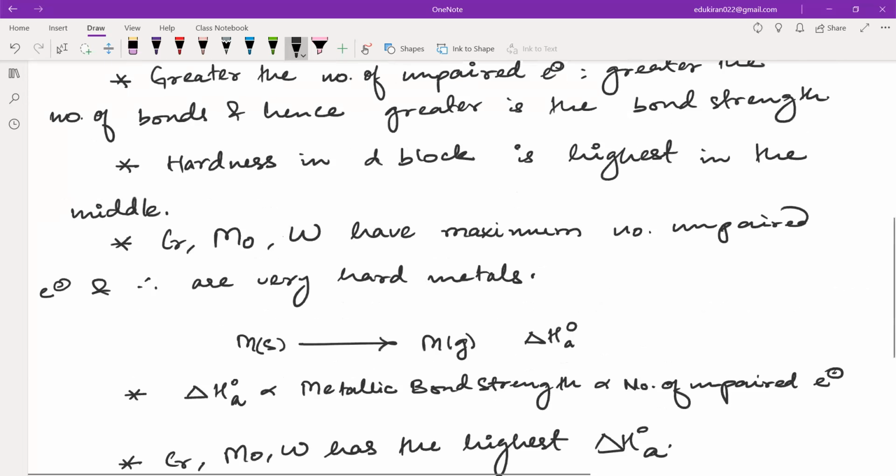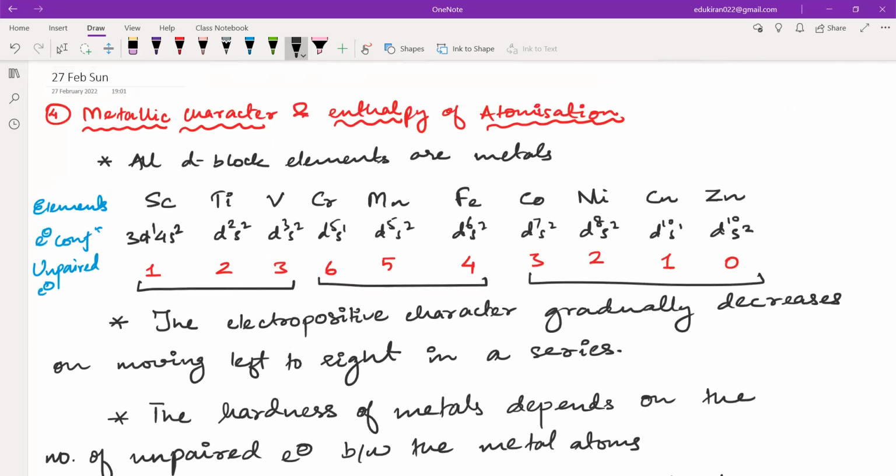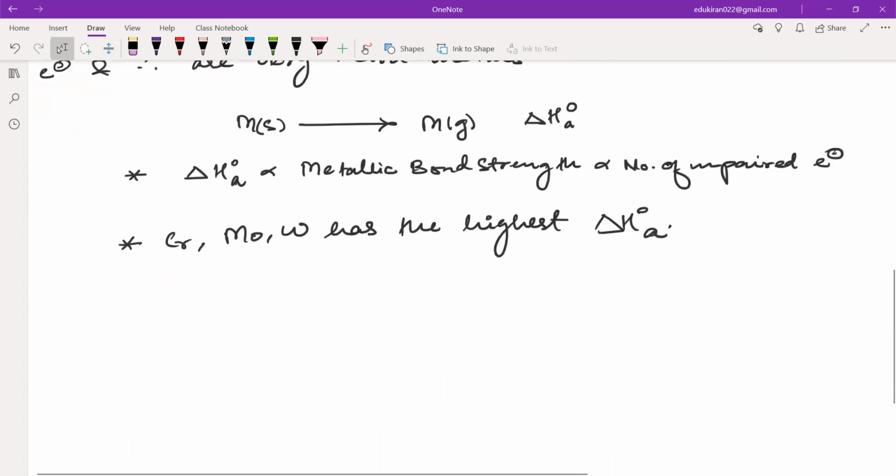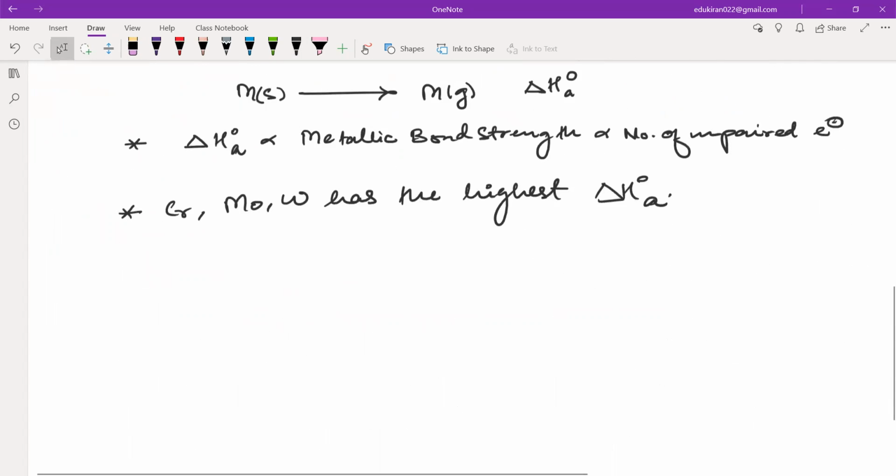Okay, then when you look at zinc, after zinc you will have cadmium and mercury. So Zn, Cd, Hg are all in the same group. They all will have d10 s2, and that is why they will be soft. And you know that mercury is so soft that it is liquid at room temperature.